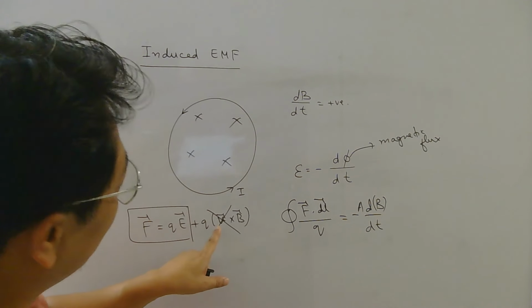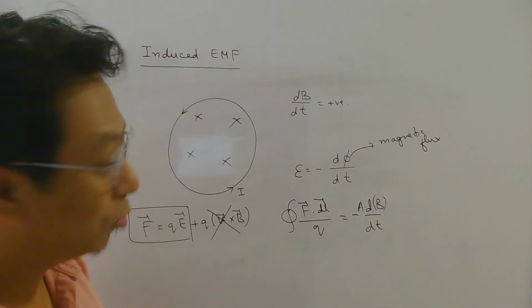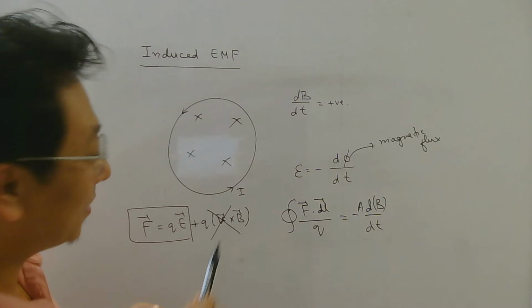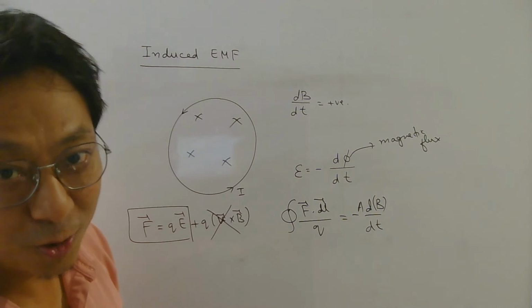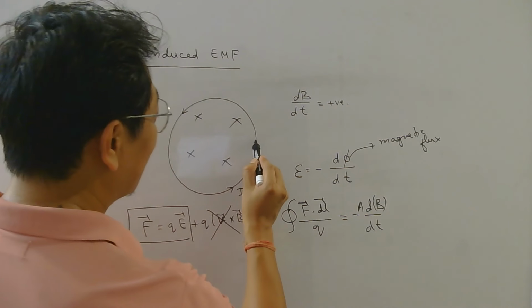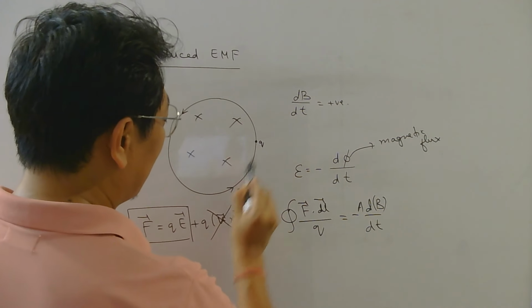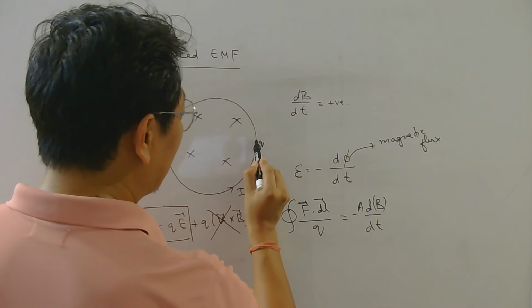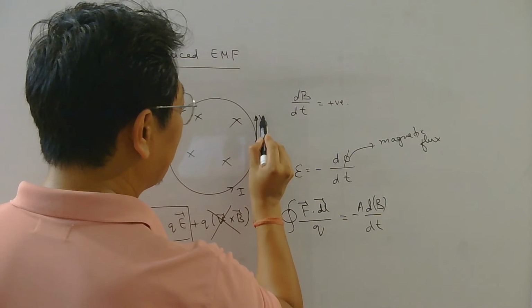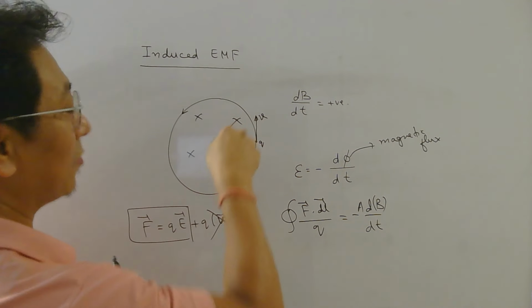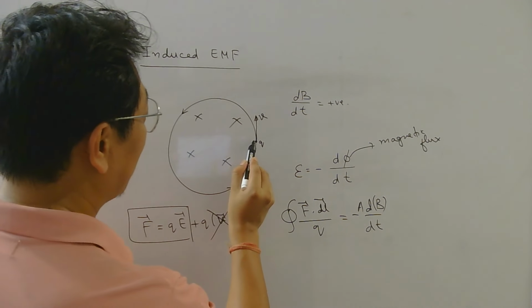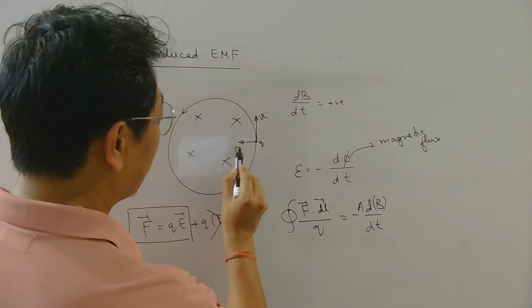Now you may think, who told sir there is no velocity of the loop? The loop doesn't have velocity, but charges inside may have velocity, you may think. Well, consider a charge q here. If current is going this way, it will have velocity this way. Magnetic field is this way. So the force of magnetic field will be here.